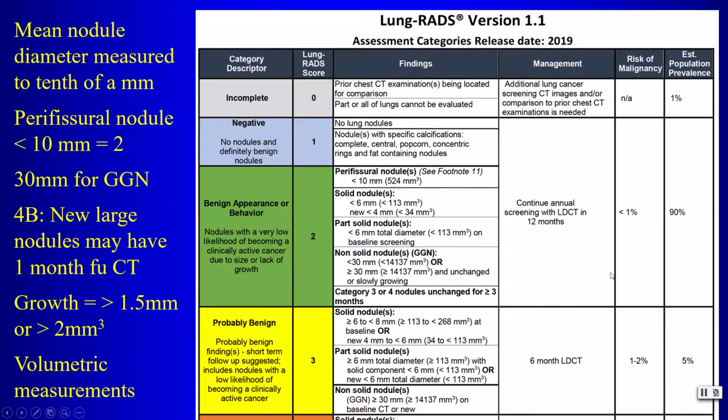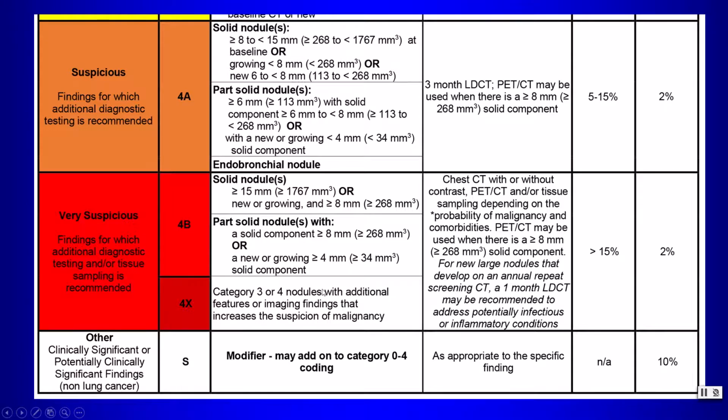So in the new scoring system, they've also added volume. You can report the size of the nodule either as the mean diameter of the nodule or as the total volume of the nodule in cubic millimeters. And then we've talked about the scores of 4A, 4B, and 4X.